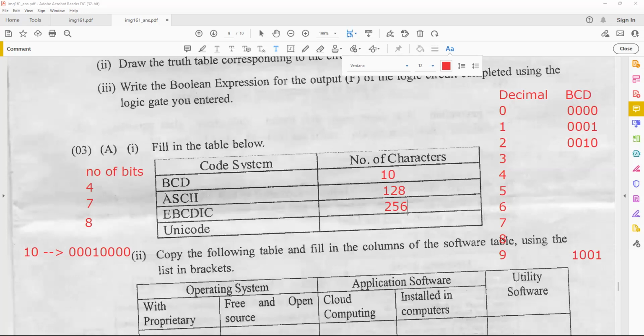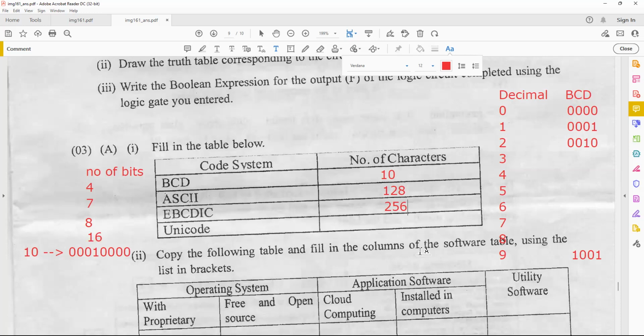Any idea? Yes, it is 16 bits. We can say 16 bits. Actually, in new versions we have even 32 bits. But at your level, we can say it's 16 bits. So how many characters are there?